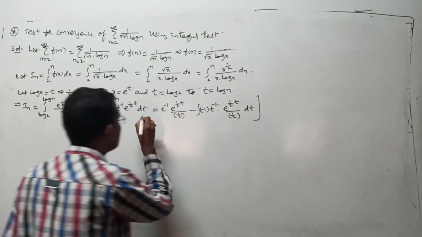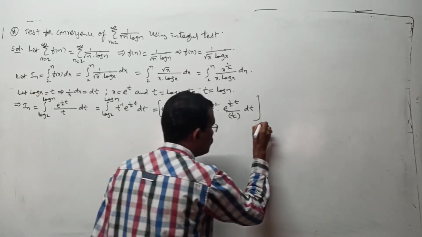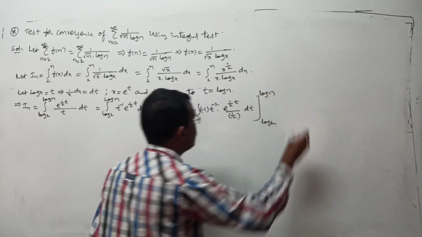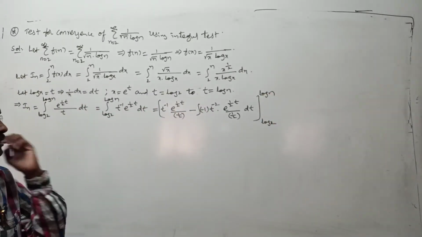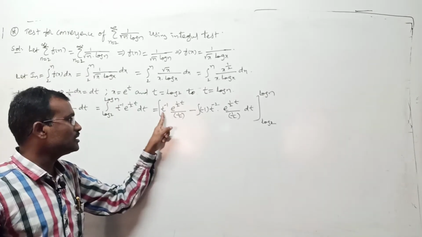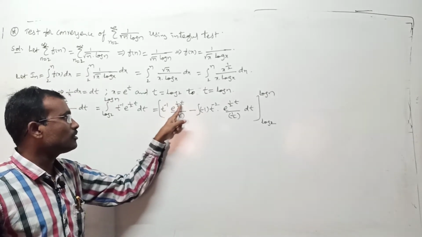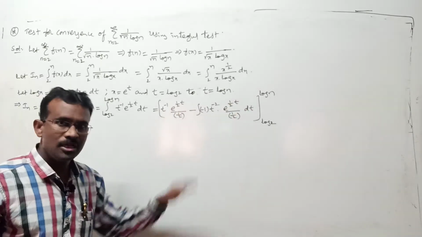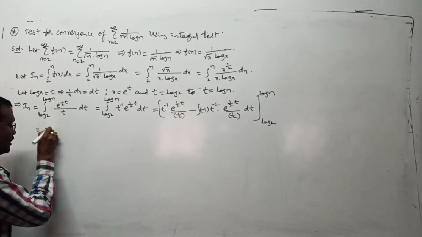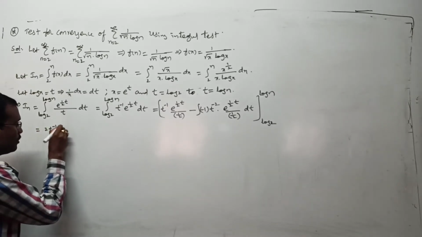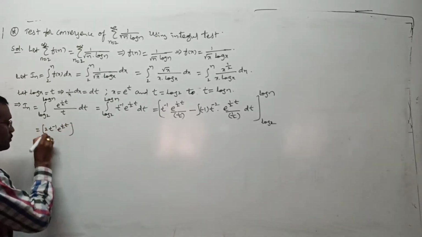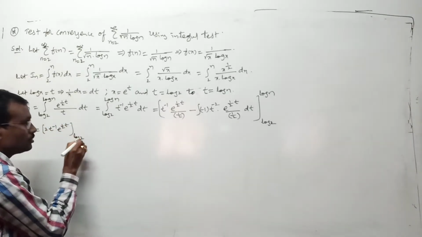This is directly taken within the limits log 2 to log n. Any problem? 1 by 1 by 2 you can write as 2, so this portion is 2 into t inverse e power 1 by 2 t, within the limits log 2 to log n.